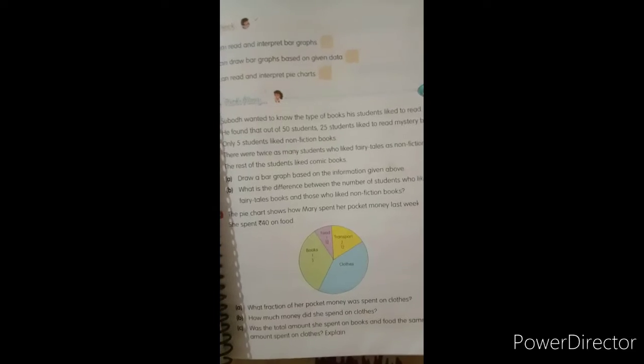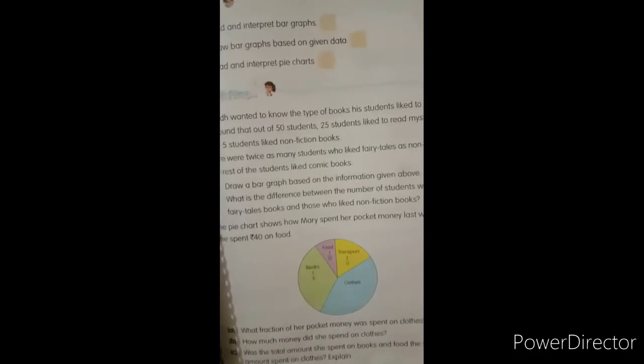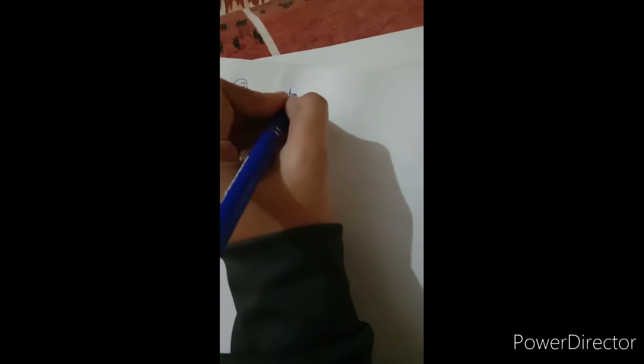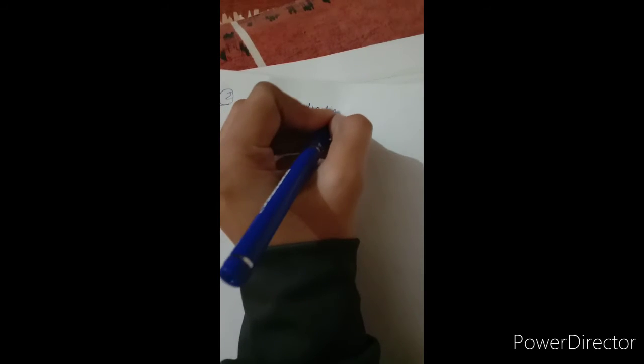I already taught you that the fraction of the whole circle is 1. So first of all we write total fraction is equal to 1.